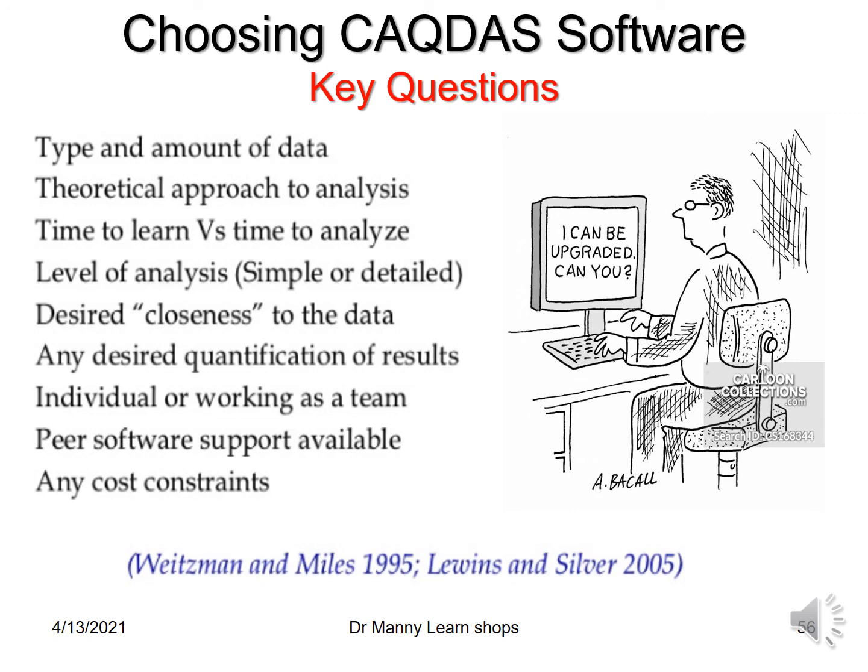How close are you allowed to get to the data? Or how close do you want to be to the data? Any desired quantification of results? Individual, you, or working as a team? Is peer software support available? And how much does it cost? Economics.